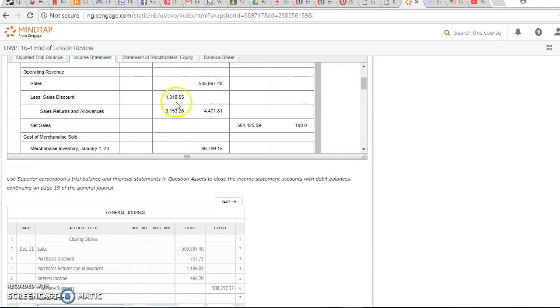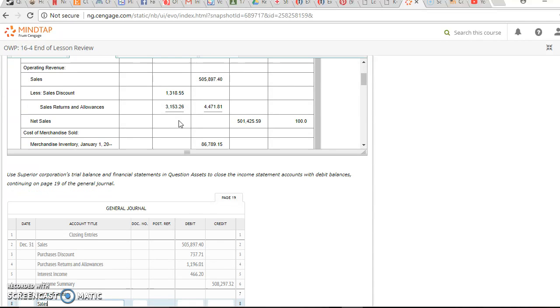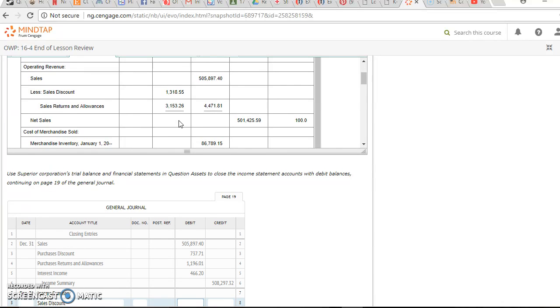We already closed sales. These two have debit balances because they're contra accounts, so to close them, we're going to need to credit them. So we're going to do sales discount, and that is 41,313.55.